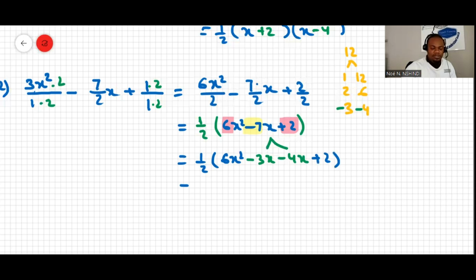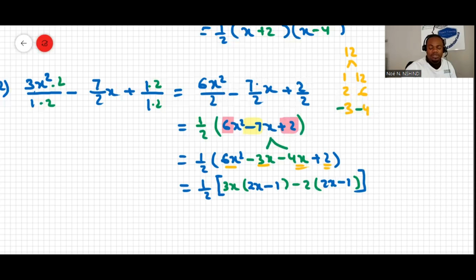Now this will be a half, factorized by grouping. For the first two terms, I'll take 3x as the common factor. For the last two, I'll take -2 as the common factor. Then this will be 2x minus 1, and also 2x minus 1.